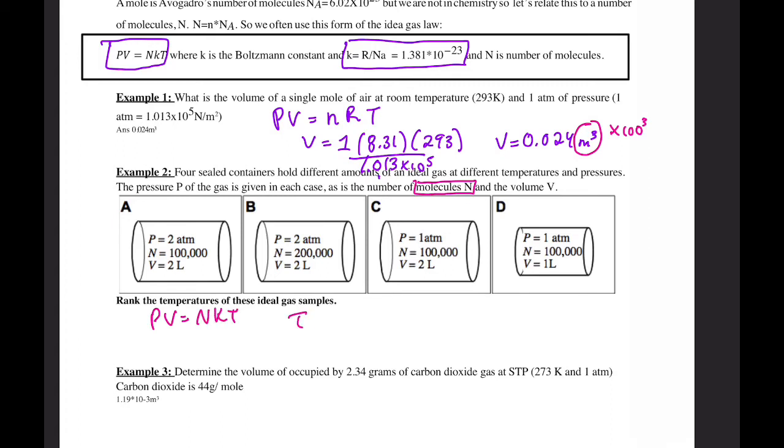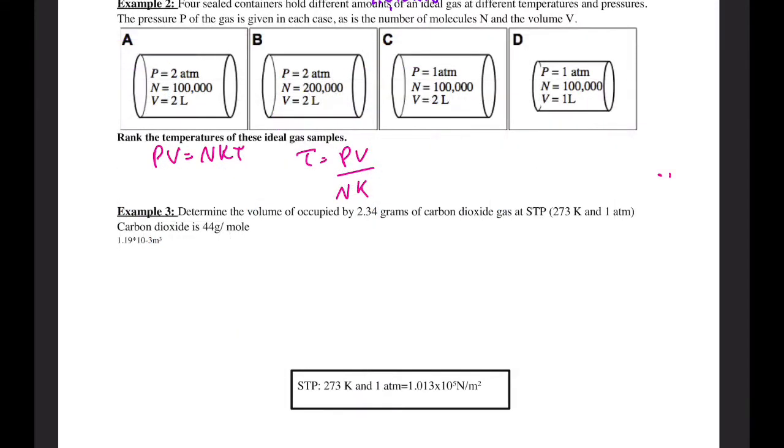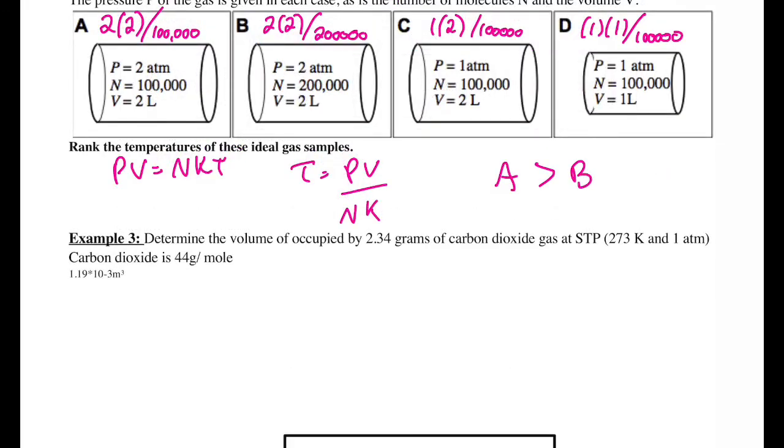If you solve for T here, you get P times V over Nk. So who's got the largest combination of P times V over N value? On top of each container, we'll write out P times V over N. Now we can rank them. So A is greater than B, which is equal to C, which is greater than D.